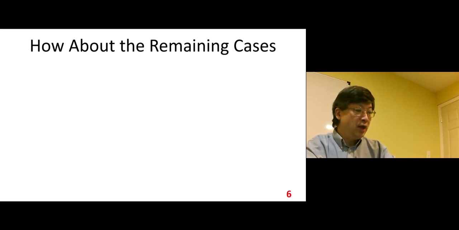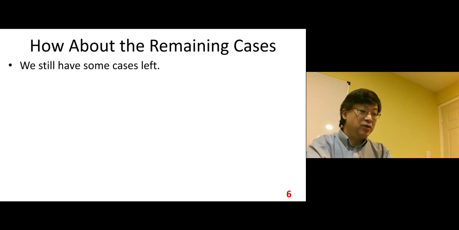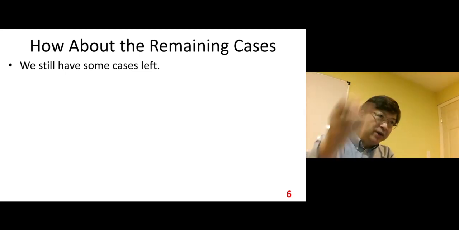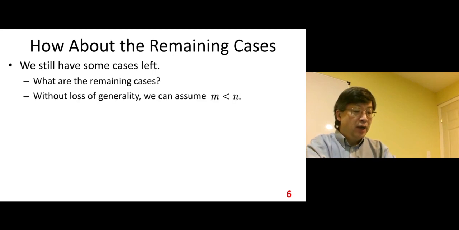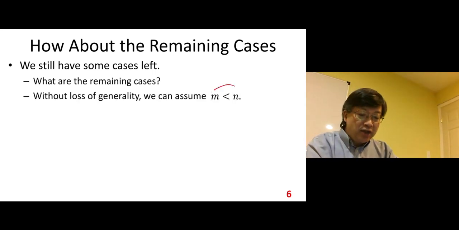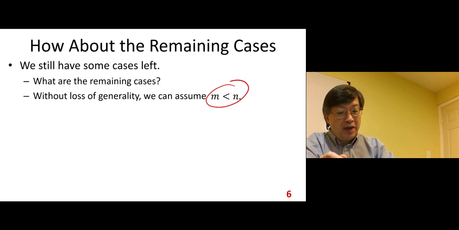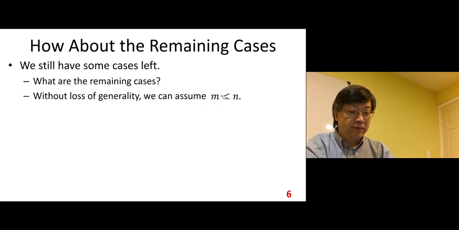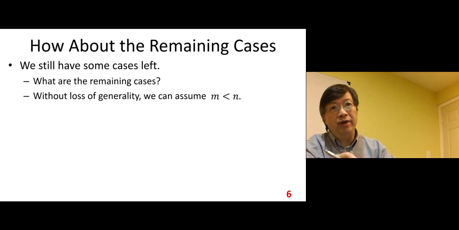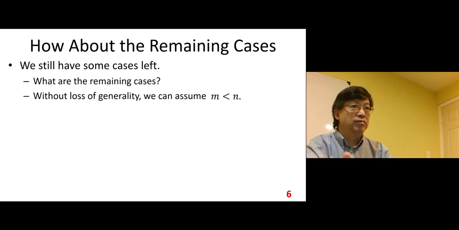Then the remaining cases, we still need to look at. So let us assume m is less than or equal to n. Just one is no greater than the other, for easier discussion.